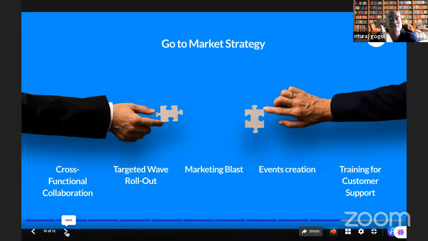So training for the customer support team, making sure we had FAQs in place and the help documents in place was again something that the product manager normally is responsible for. And with all of that in place, finally, we launched the events marketplace with a bang in Delhi.